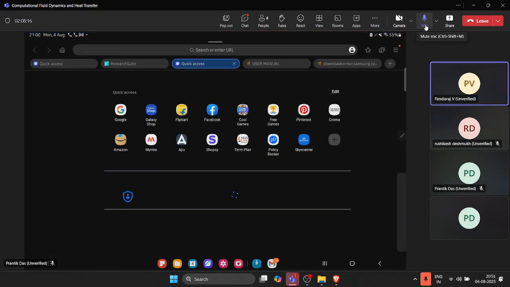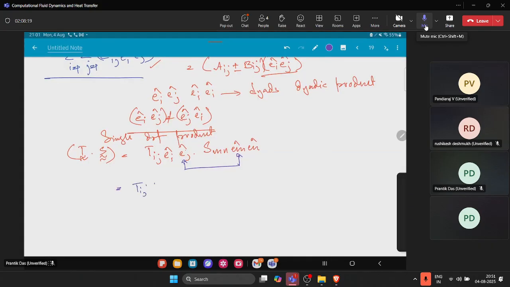So this will be equal to Tij Smn Ei En delta jm. So j is equal to m, and that delta jm is basically equal to 1.